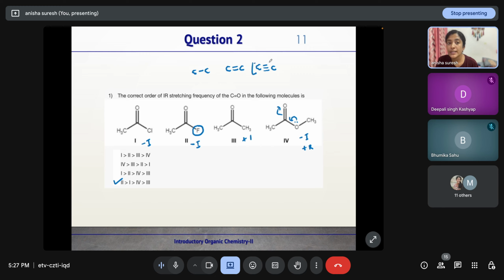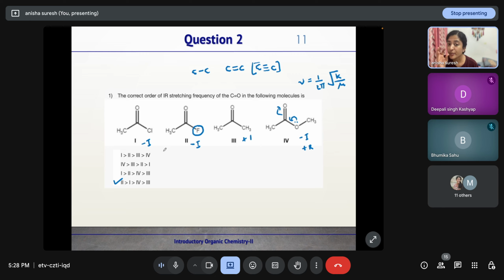If we consider the formula nu equal to 1 by 2 pi root of k by mu, the force constant will be greater for C triple bond C compared to C double bond C and C single bond C. So when the bond becomes shorter, the bond strength will be more, the force constant will increase, and hence the stretching frequency will be increasing. Okay.